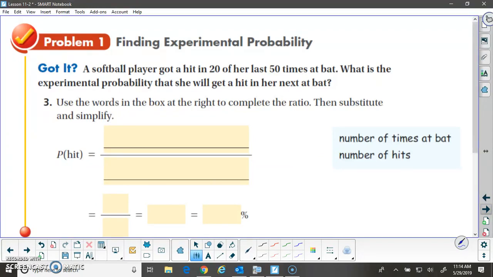On to problem number 1, finding the experimental probability. It says a softball player got a hit in 20 of her last 50 times at bat. What is the experimental probability that she will get a hit in her next at bat? Well, if we use the words in the box at the right to complete the ratio, to find the probability of getting a hit, we take the number of hits and we divide by the number of times at bat.